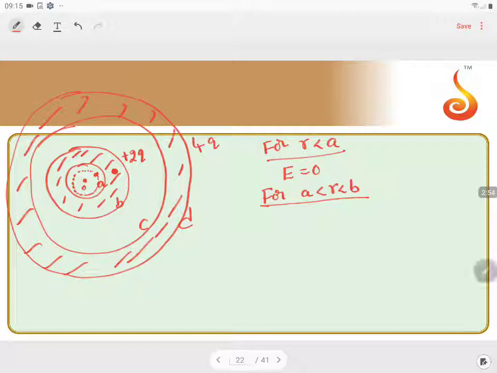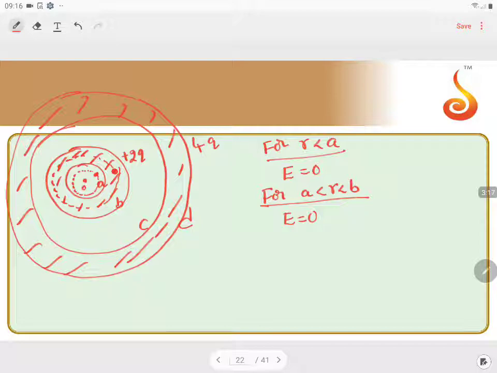Even if you construct a Gaussian surface here, it will not enclose any charge. And also the electric field inside the metal of the conductor will be 0 in electrostatic conditions. So here it will be 0.